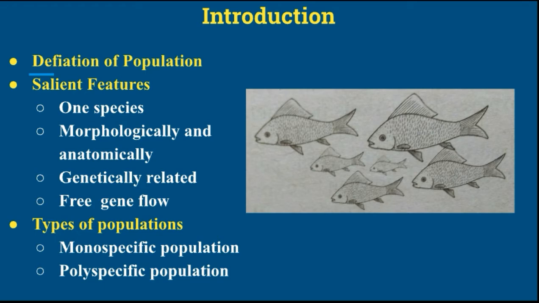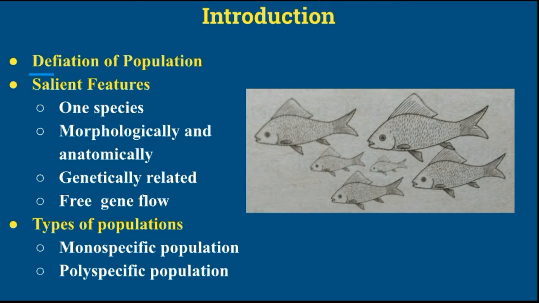Next is that the individuals are genetically related. In those fishes, there is no other class of animals, no birds, and no snakes. Only one species is there, which means all the individuals are genetically related.